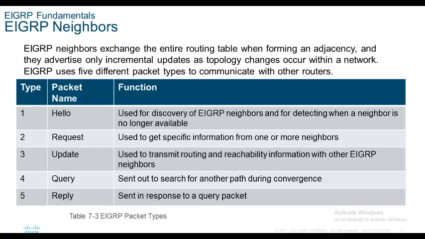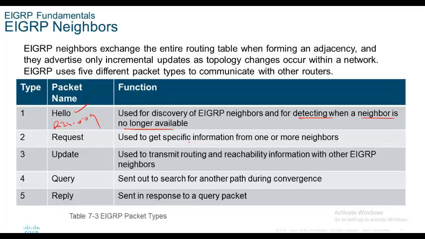Right? So, in this first topic of EIGRP fundamentals, we learned that it's a distance vector protocol, but it maintains a topology table and it supports 255 hops. So we call it an advanced distance vector routing protocol.